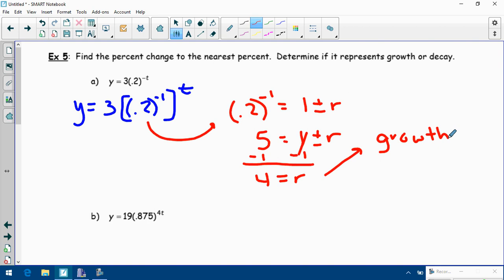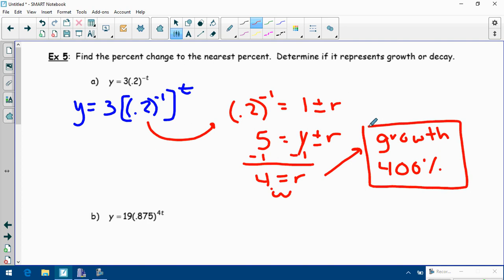And what percent is it? Careful, it's not 4%, because I have to move that decimal place 2 to the right. So it's actually going to be 400%. That represents 400% growth there. Always make sure that with r, even if there's no decimal, to get the percent you've always got to multiply by 100. Move the decimal place 2 to the right.